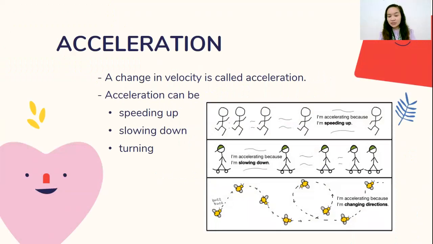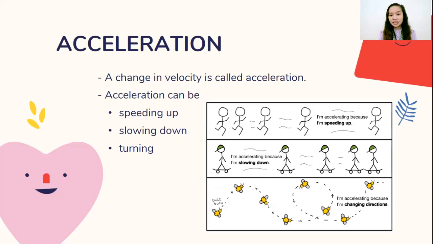It is a change in velocity, and acceleration can be speeding up, slowing down, or turning. Since we are in one dimension, we are going to have the speeding up and then the slowing down. We will have a separate discussion on motions with two-dimensional or three-dimensional.